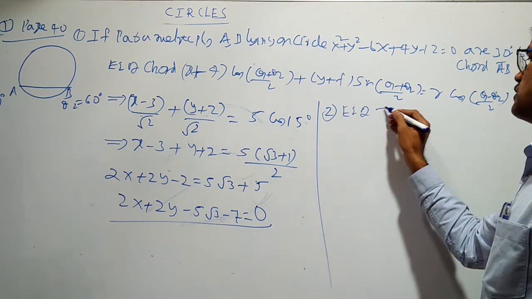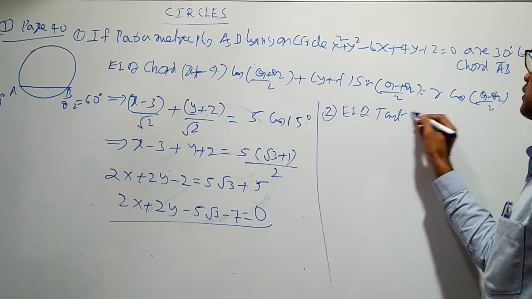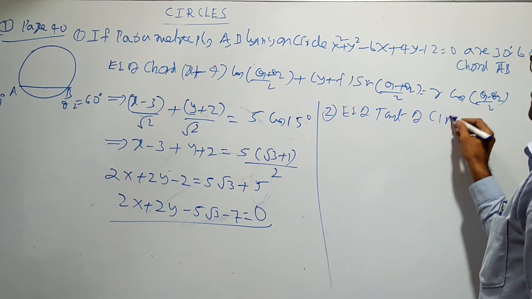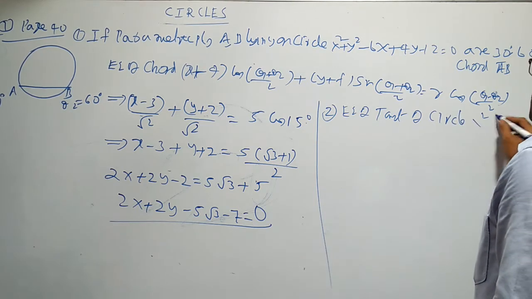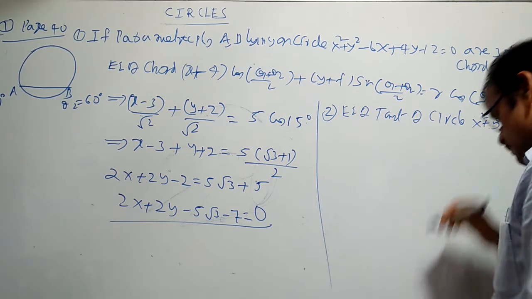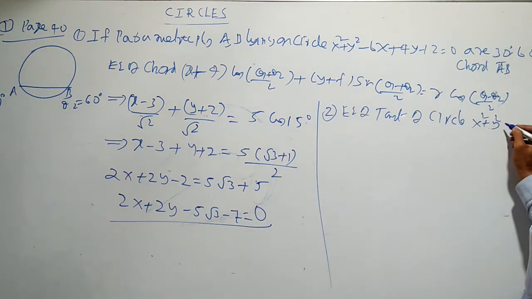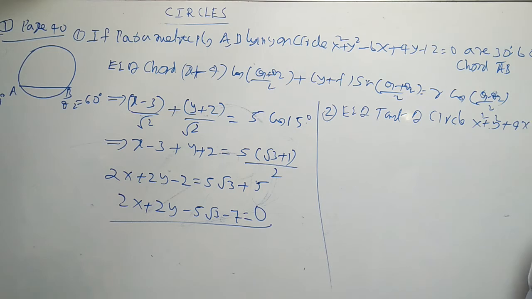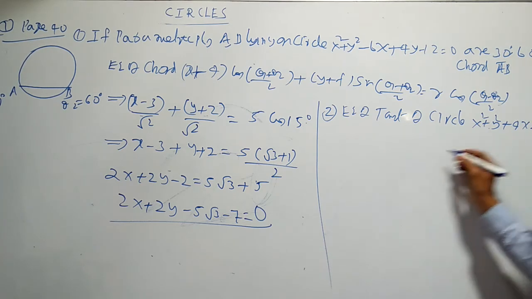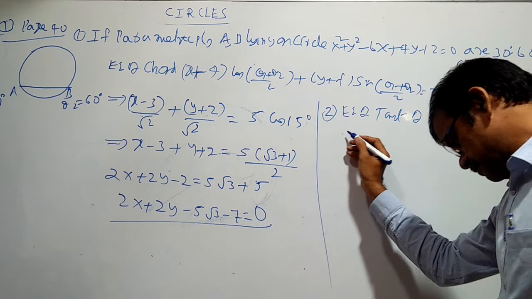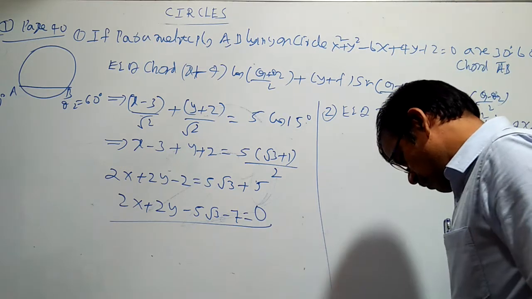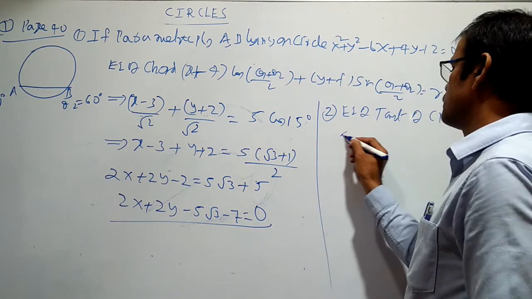Equation of tangent of the circle x square plus y square plus 4x plus 6y minus 39 equal to 0 at parametric point 30 degrees.